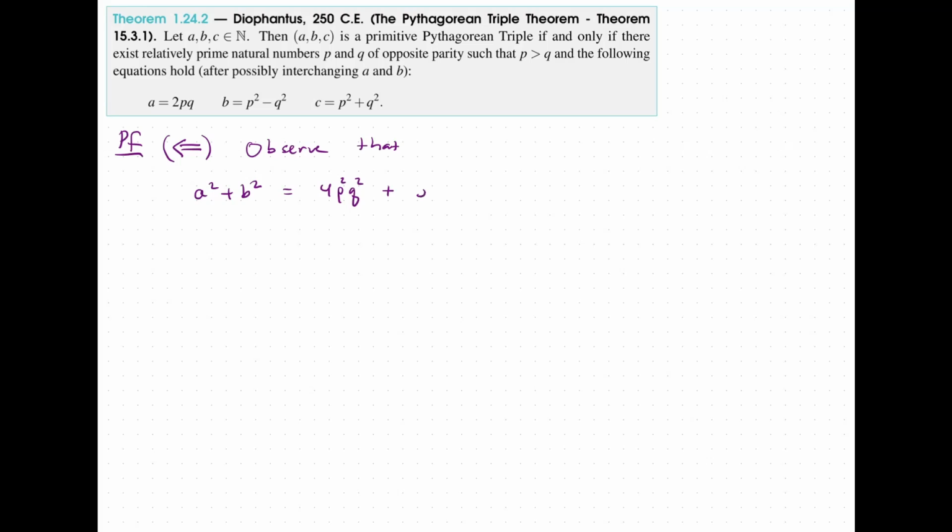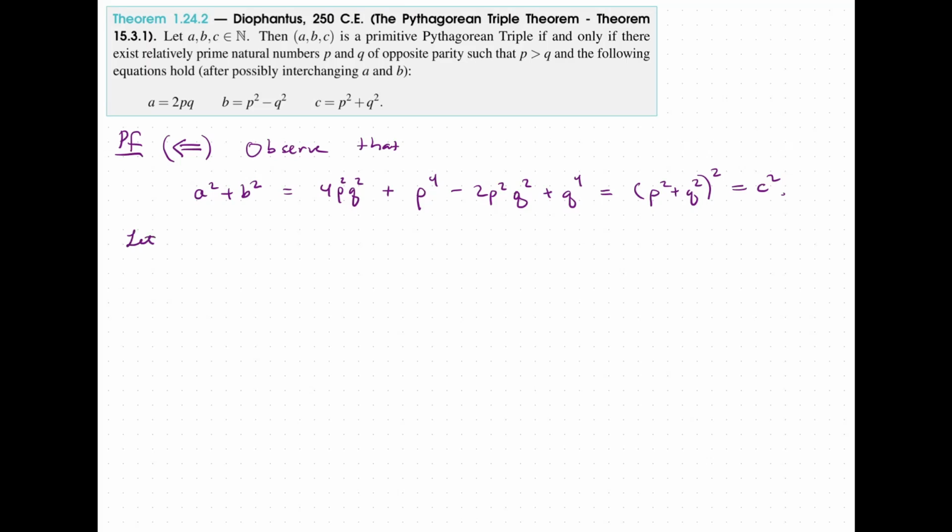That gives us p to the fourth minus 2p squared q squared plus q to the fourth. But then this adds with this as a positive 2. And so this will just be p squared plus q squared quantity squared, which is our c squared. So that checks out.